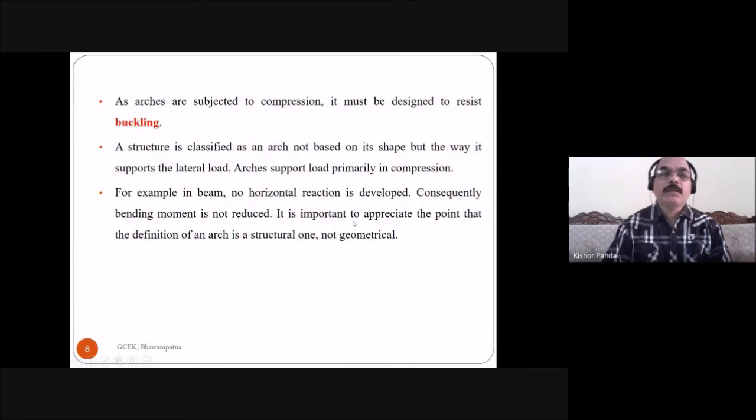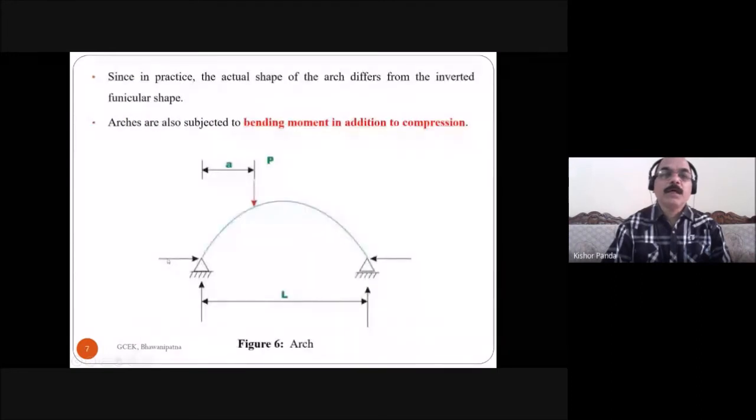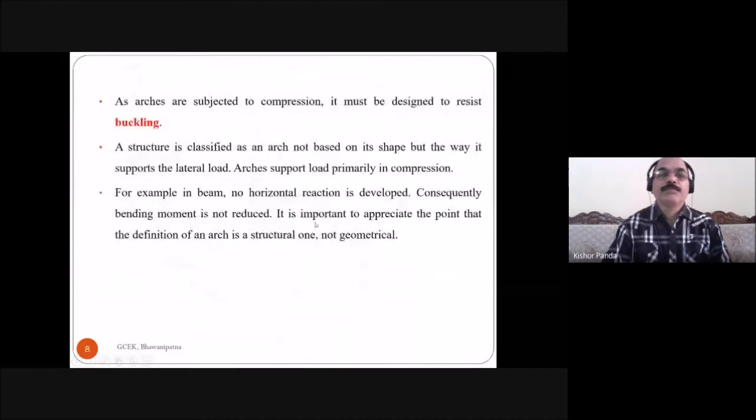But in the case of arch, there is development of the horizontal reaction. Consequently, the bending moment is reduced. It is important to appreciate the point that the definition of an arch is a structural one, not geometrical.